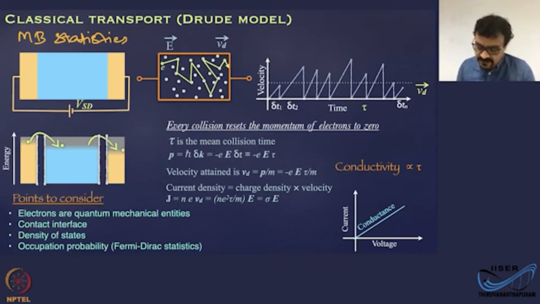So what I have here is a representative system. The blue colored region is the system, and the yellow colored regions are the contacts where you apply voltage and measure currents through. Okay. So in the premise of Maxwell-Boltzmann statistics, we have a box which represents the solid, and there are a lot of scattering centers in the solid.